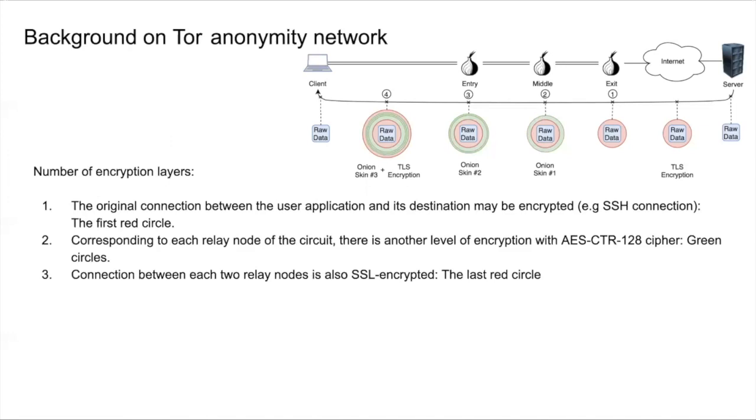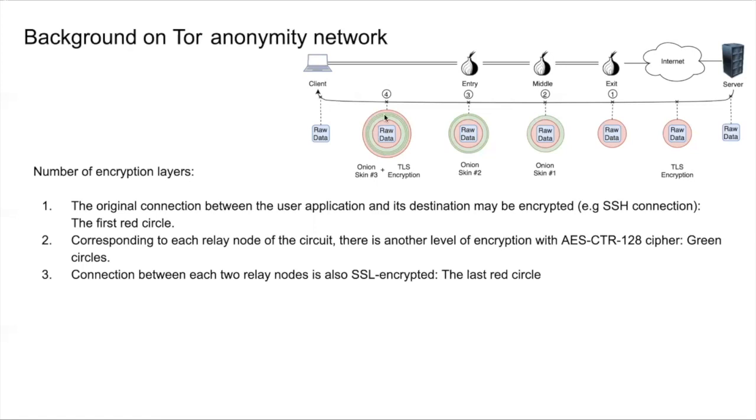So as is already clear from the picture, in state number 4, the raw data is encapsulated within 5 different encryption layers. One is the very inner layer, which is colored red. It is a TCP connection between client and server.